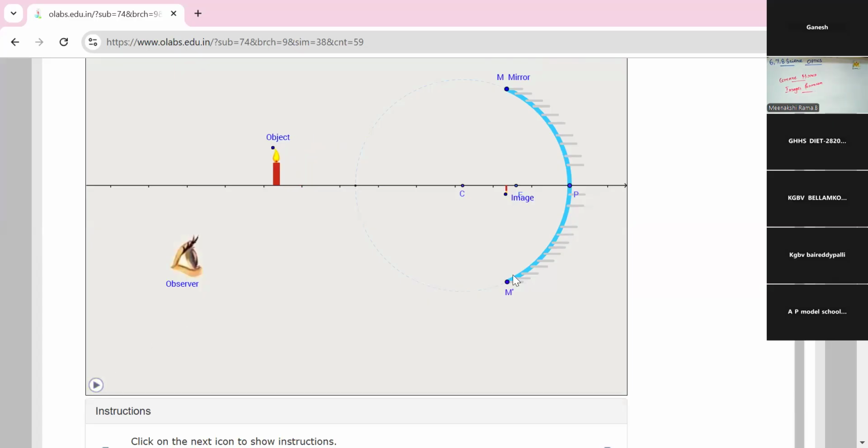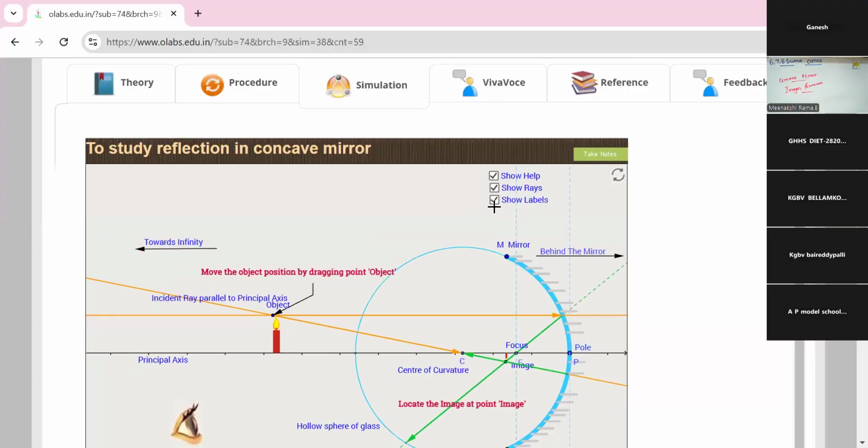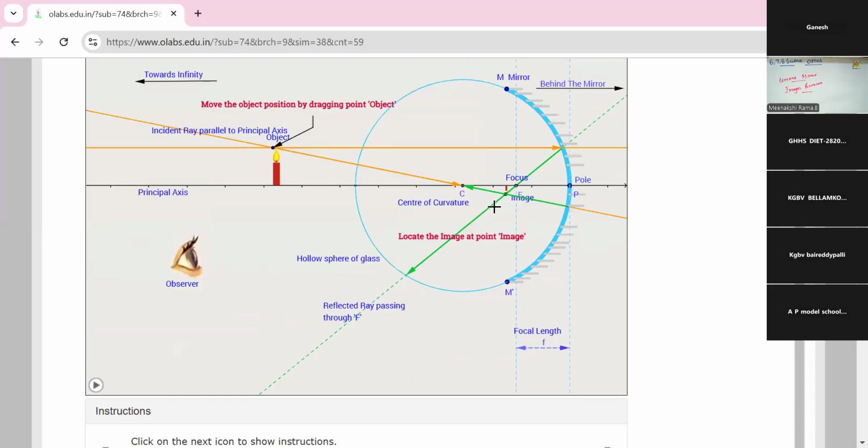Yes, this is the clear picture of how the images are formed in this concave mirror.